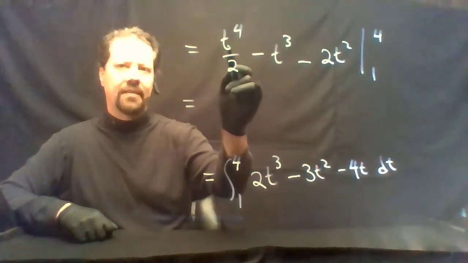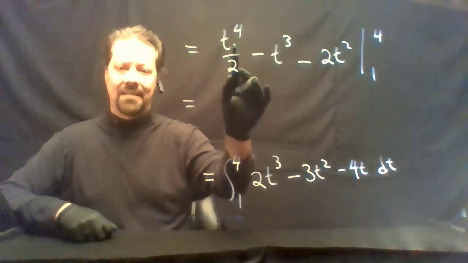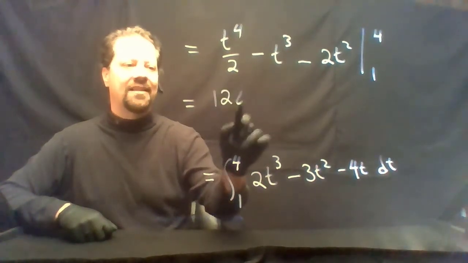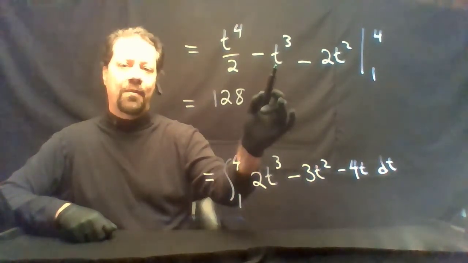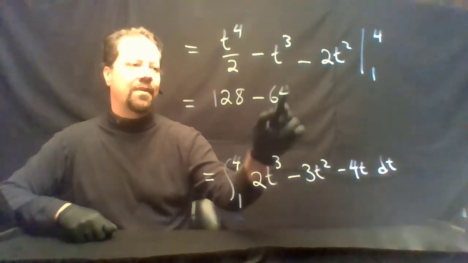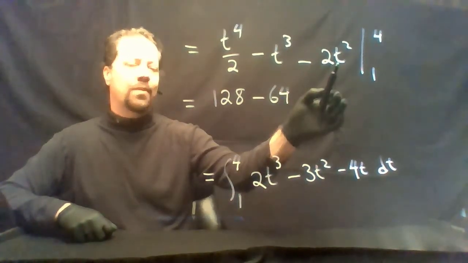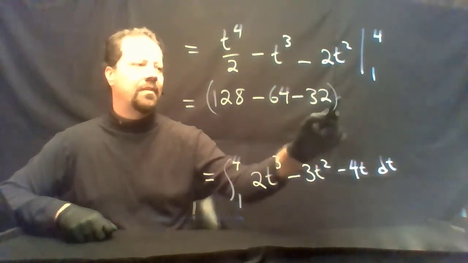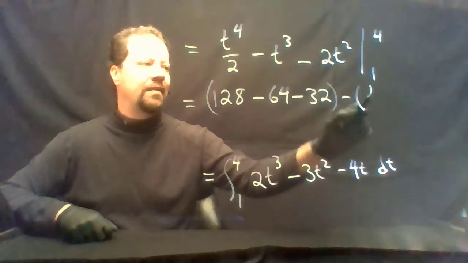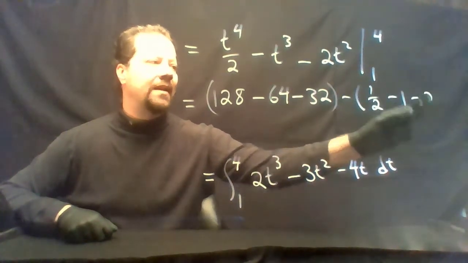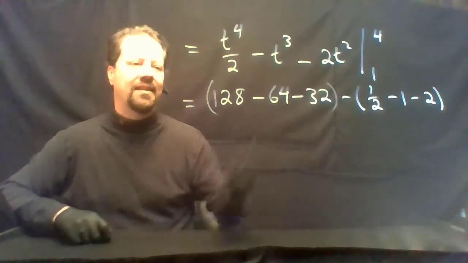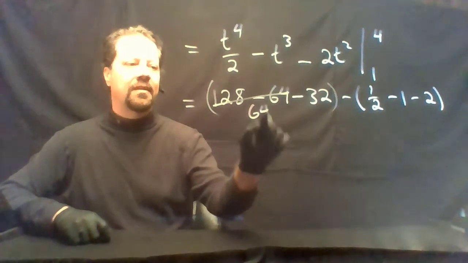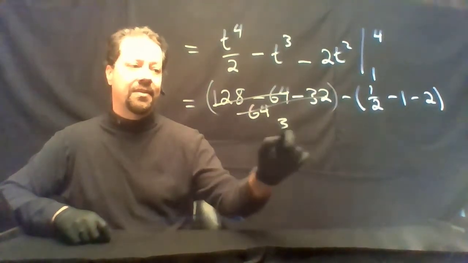Plugging in 4. 4 squared is 16. 16 squared is 256 divided by 2 is 128. 4 to the third power is 64. t squared, 4 squared is 16 times 2 is 32. Minus what you get when you plug in 1. That's 1/2 minus 1 minus 2. 128 minus 64 is 64. 64 minus 32 is 32.